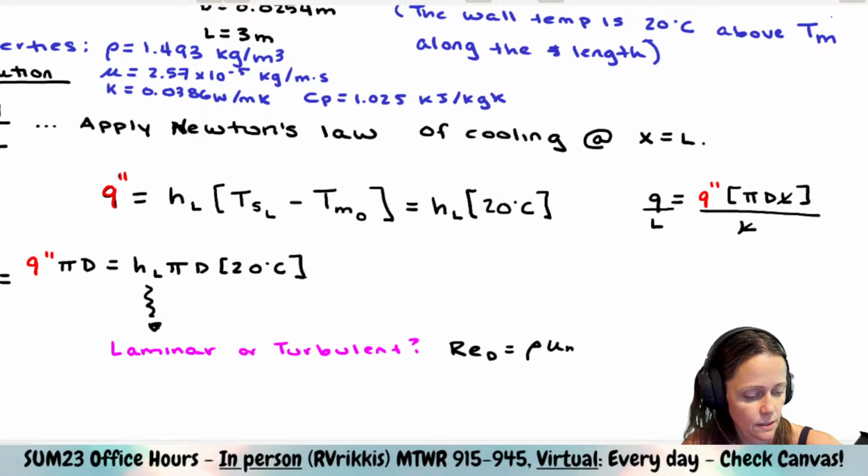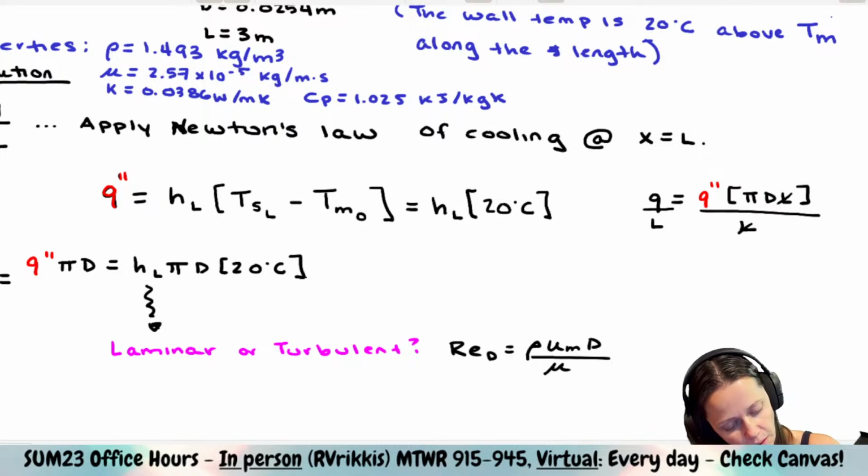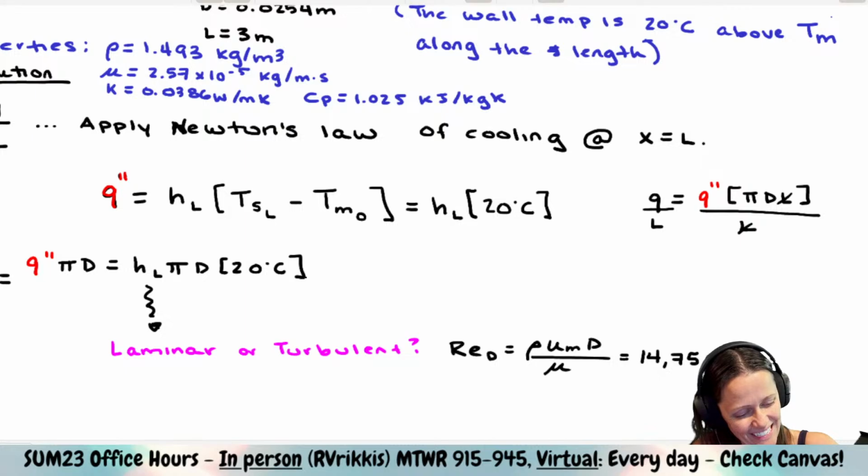So I guess maybe I need to put this in terms of rho, and then rho times my mean velocity times the diameter divided by my dynamic viscosity. If I plug all those things in there, I get 14,756. So clearly turbulent.